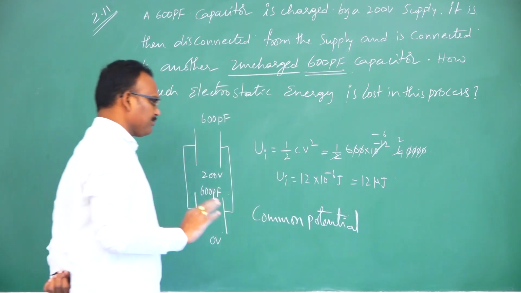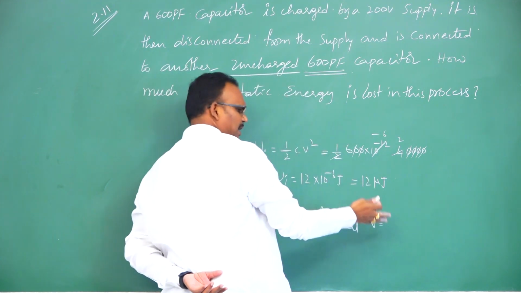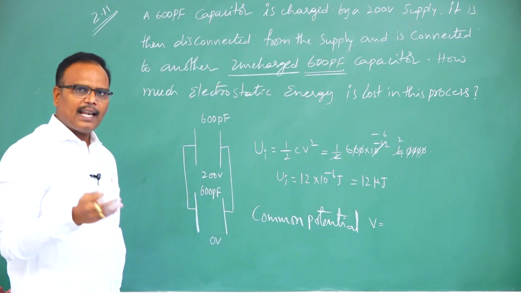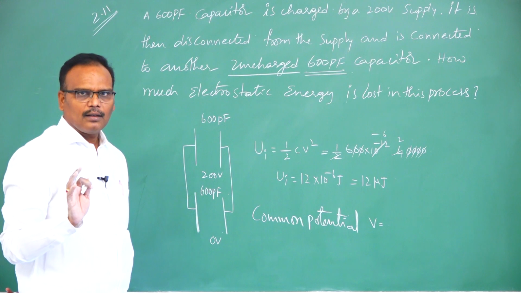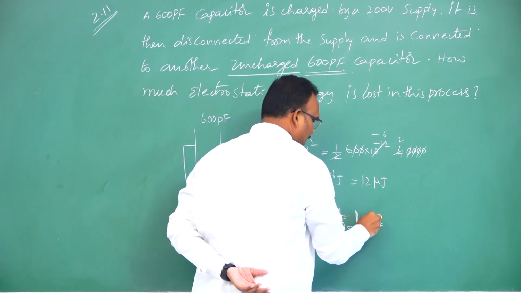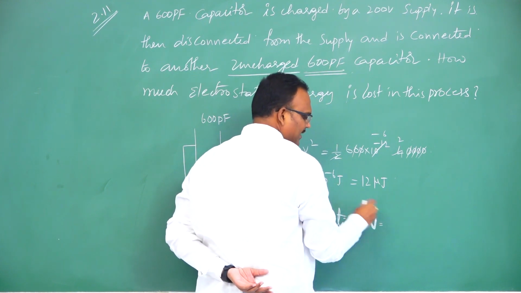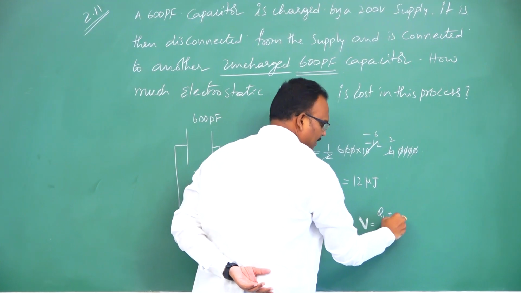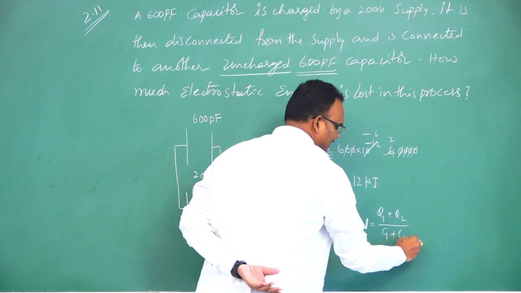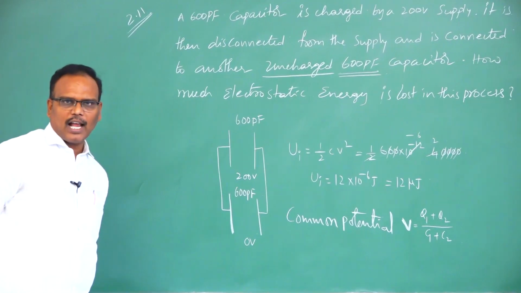Common potential. When you connect two capacitors or three capacitors or four capacitors, doesn't matter, if you connect like this, they'll acquire a common potential. The basic formula is, we know V is equal to Q by C. So the charge on the first capacitor plus the charge on the second capacitor divided by C1 plus C2. This is the basic expression for common potential.